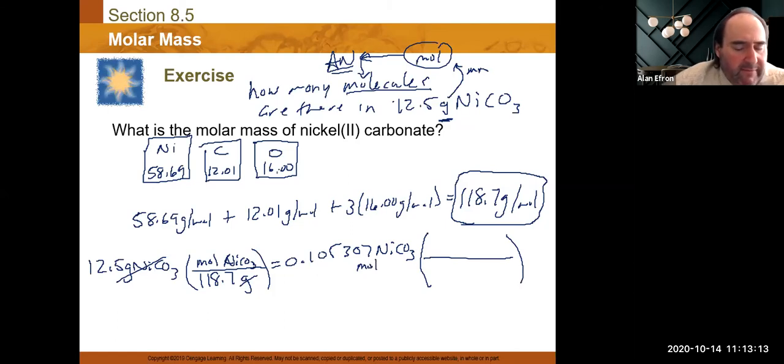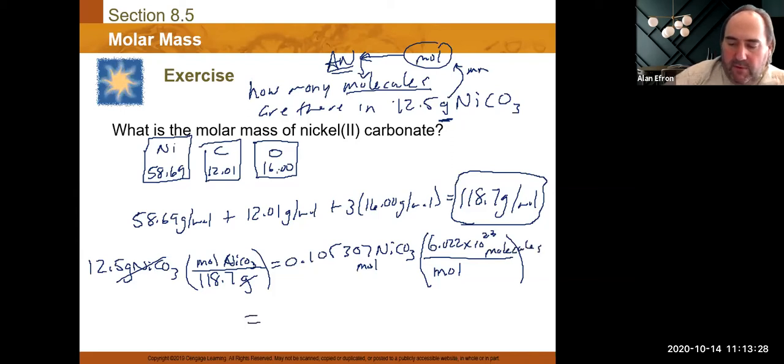We're going to use our Avogadro's number as a conversion factor. So moles are up on top, so we want the moles on the bottom. We want the 6.022 times 10 to the 23. We'll use molecules here, even though technically it's ionic.